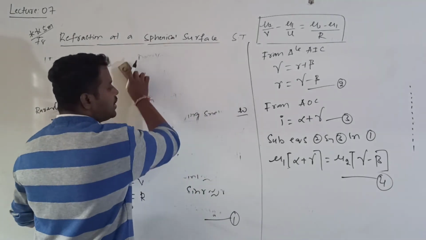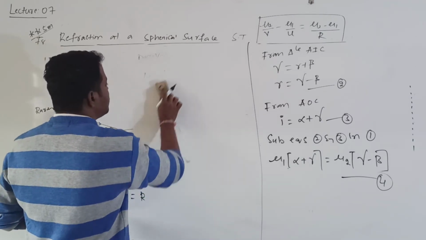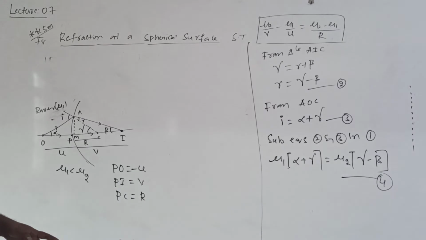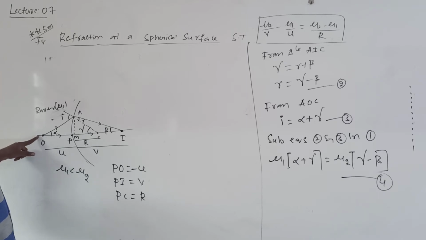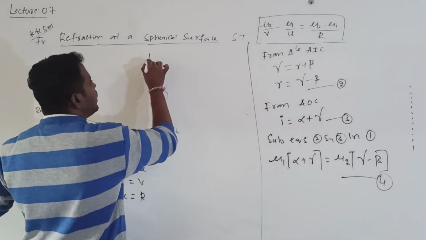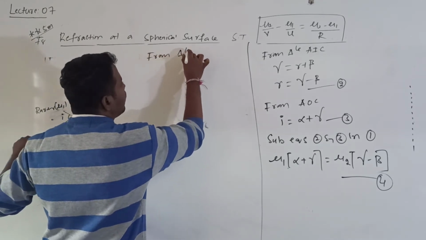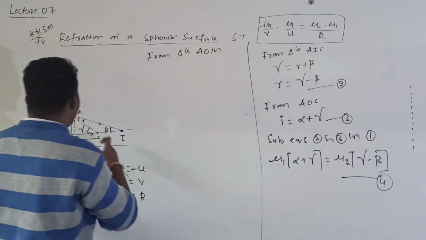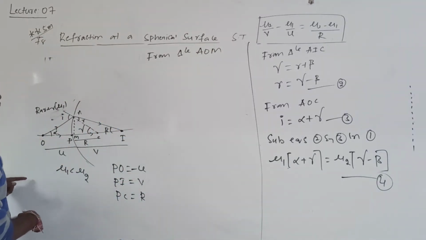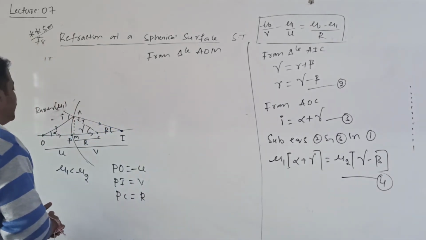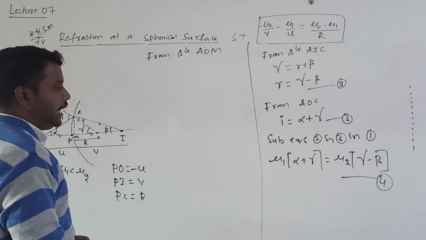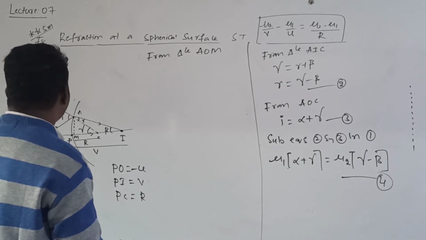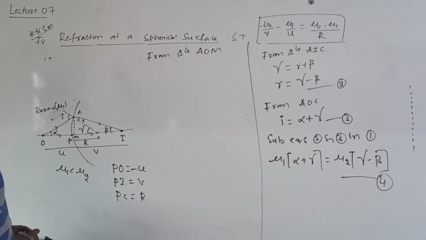Now see, if I consider the triangle AOM, I want to write the values of alpha, beta, and gamma.